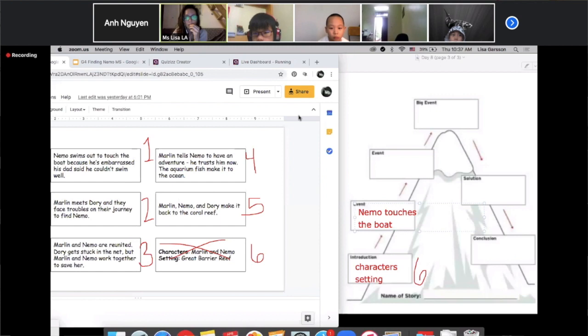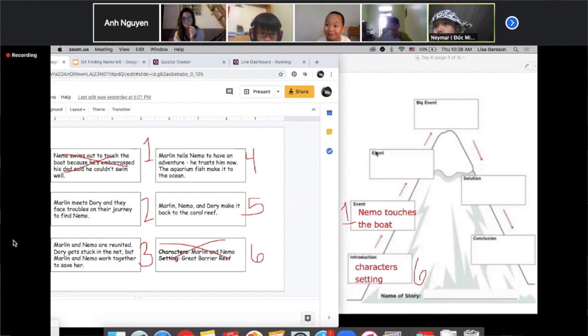Okay, so this is our inciting event. Remember, it's the point in the story that tells us the conflict or the problem. Nemo's conflict is that he gets caught by the divers and Marlin must follow him and rescue him. Okay, good job.